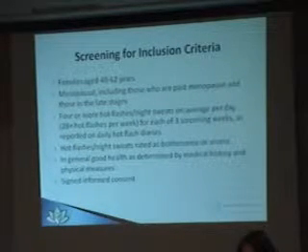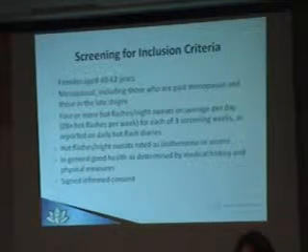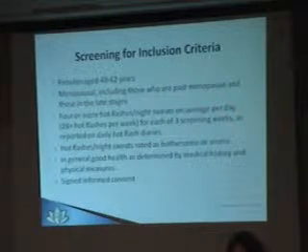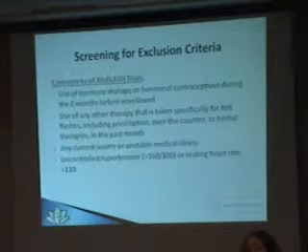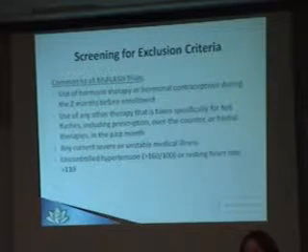They also have to have an average number of hot flashes to be eligible. The hot flashes have to be bothersome or severe. They need to be in general good health, and of course they need to have a signed informed consent. Now all of these inclusion and exclusion criteria get collected in different ways.